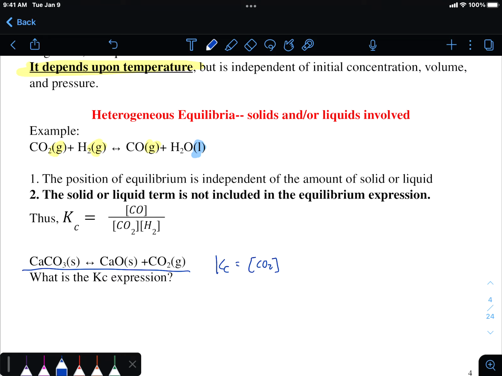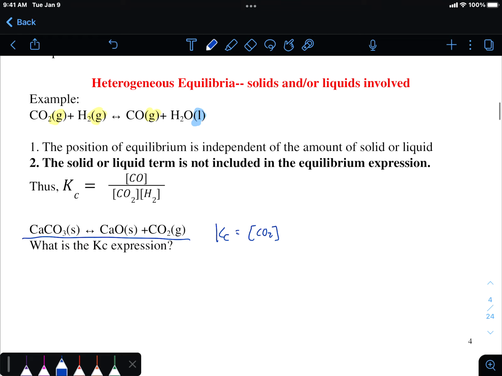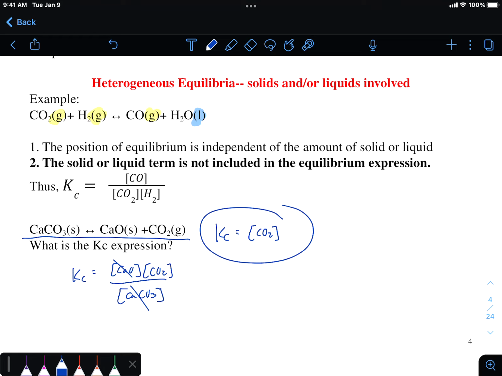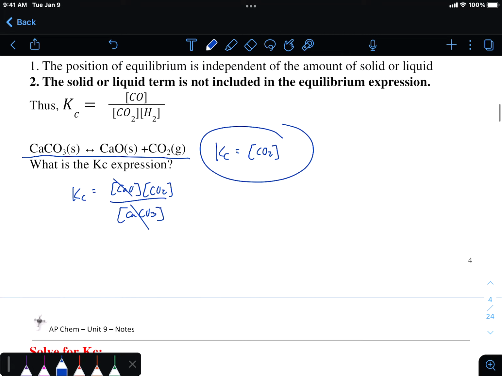Now, initially, if you didn't pay attention to them, one might write this, which, of course, would be incorrect. You cannot use those. All right? No big deal. Just ignore solids, ignore liquids.